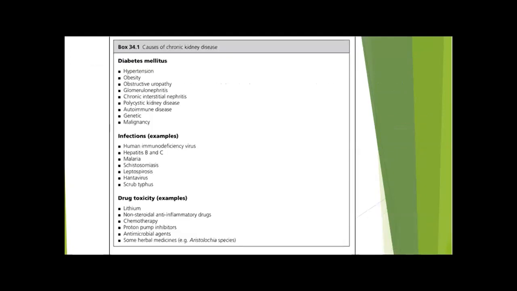Bleeding, pericarditis, encephalopathy, and thyroid dysfunction, and increased risk of drug toxicity owing to the accumulation of renally excreted agents. Causes of chronic kidney disease.